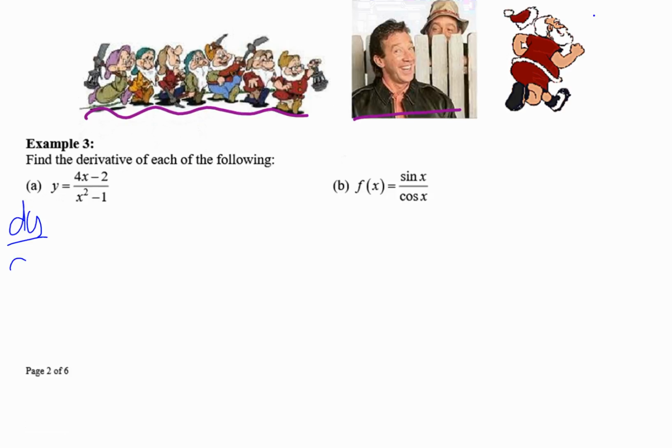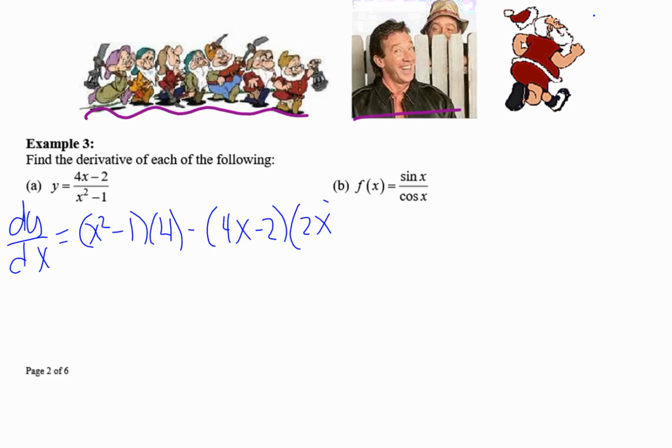dy/dx equals... okay, so we think low d-high. So we have low d-high minus high d-low. The d part represents the derivative. All over low low. All right, let's clean that up a little bit.